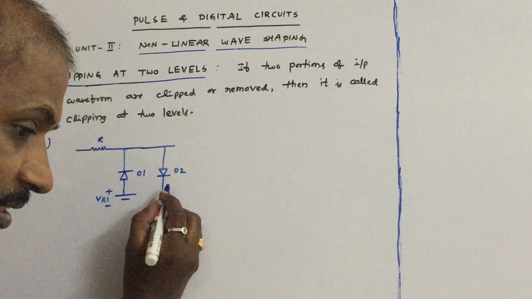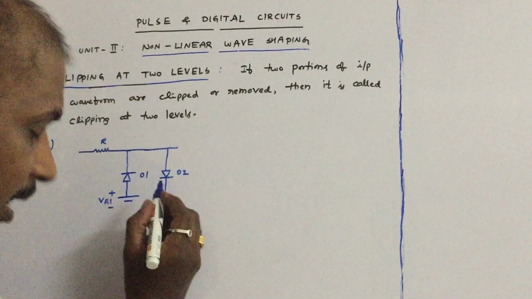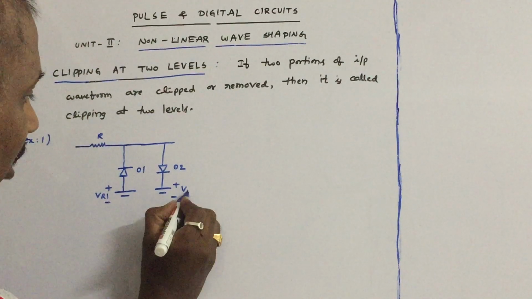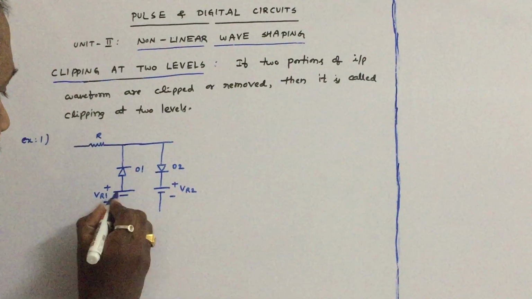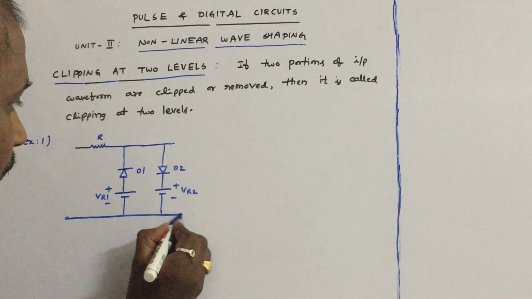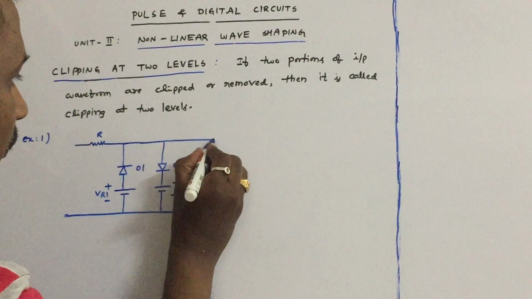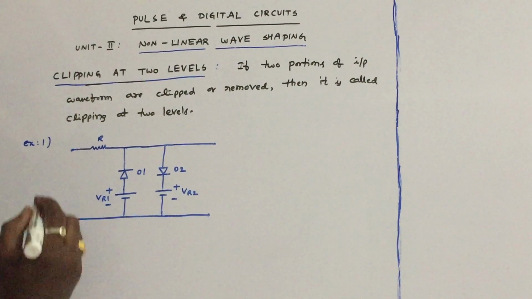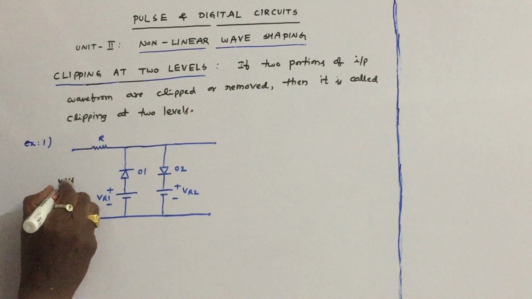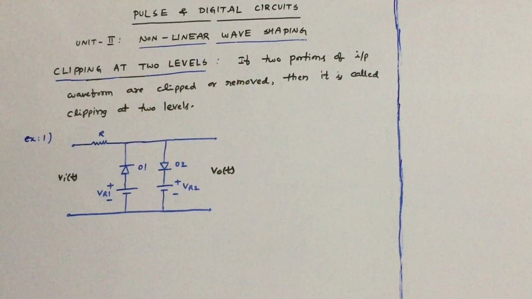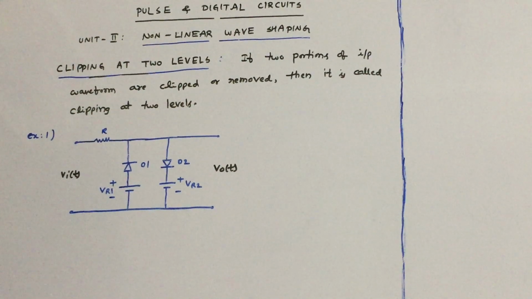The biasing for this diode is say plus or minus VR2. This is the circuit we have taken. This is the input voltage to the circuit, Vi of t, and this is the output of the circuit, V0 of t.